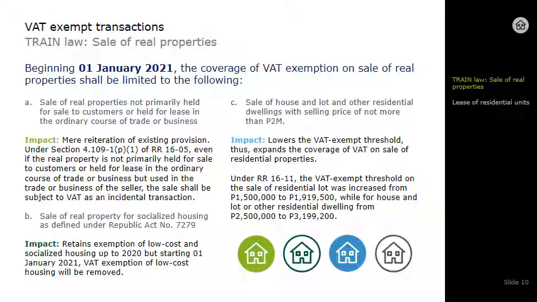Tapos, ito rin yun, yung sinasabi ko sa inyo kanina, na under Revenue Regulation 16-2011, di ba? Dati, naging 1.9500. Noong 2011 yan. Tapos, naging 3199. But this has been changed by the train law na naging balik sa 1.5 tsaka 2.5.